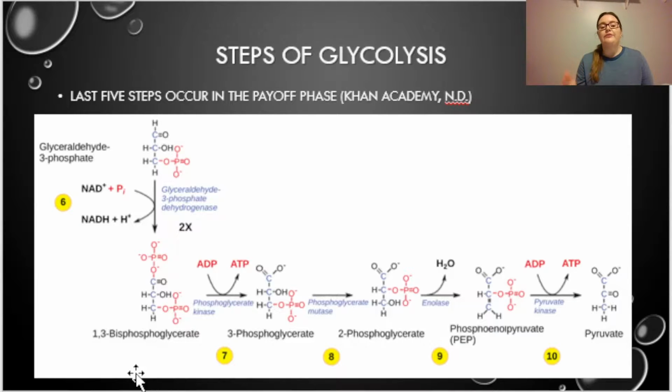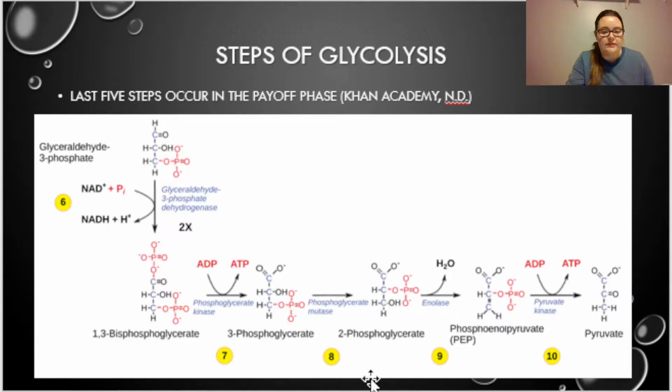And everything here is going to be times 2 because we want to make 2 molecules of pyruvate at the end to conserve our mass. Then for step 7, a phosphoryl transfer is going to occur. So this phosphate here is going to break off, and it is then going to form the product 3-phosphoglycerates. And that phosphate group is on the 3rd carbon.